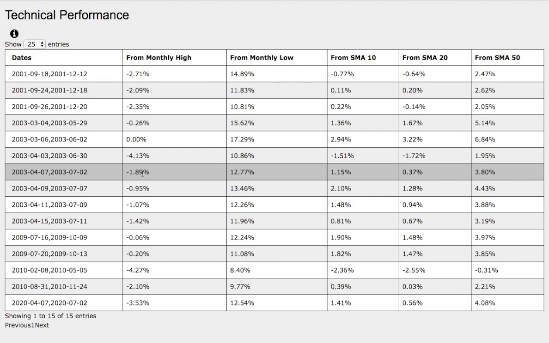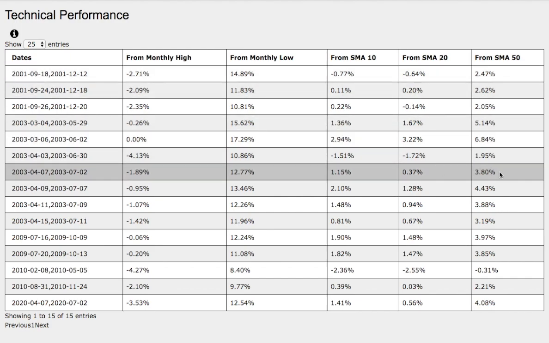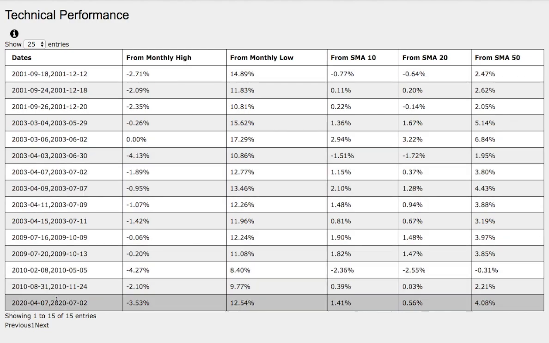Back then it was down, say, 2% from monthly high, and up 13% from monthly low, up 1.1% from the 10 simple moving average, up 37 basis points from the 20-day simple moving average, and up 3.8% from the 50-day simple moving average. So among the two trends, there are technical similarities.